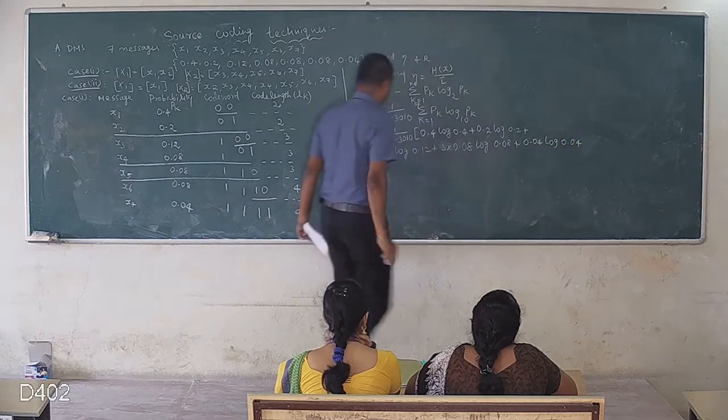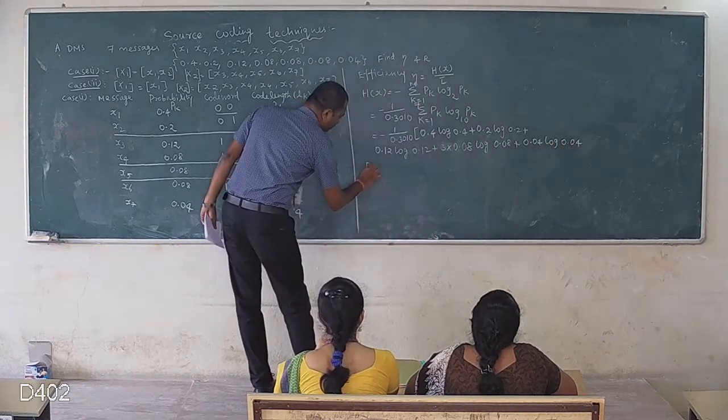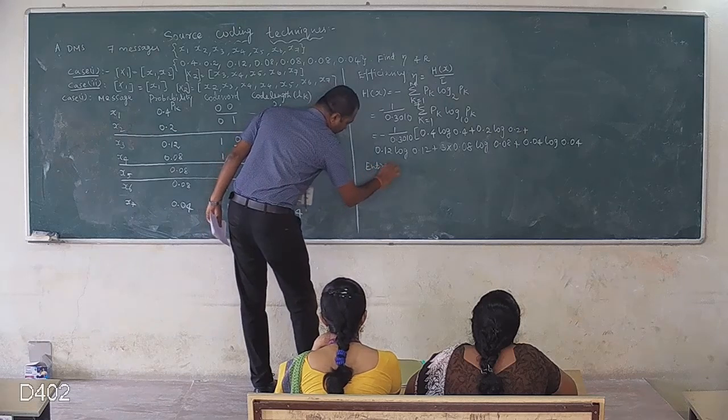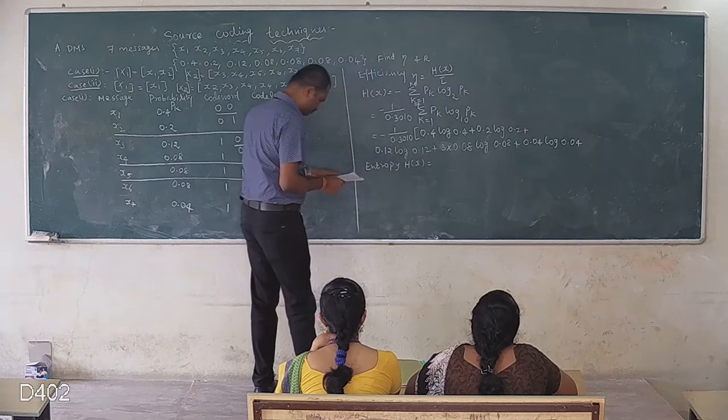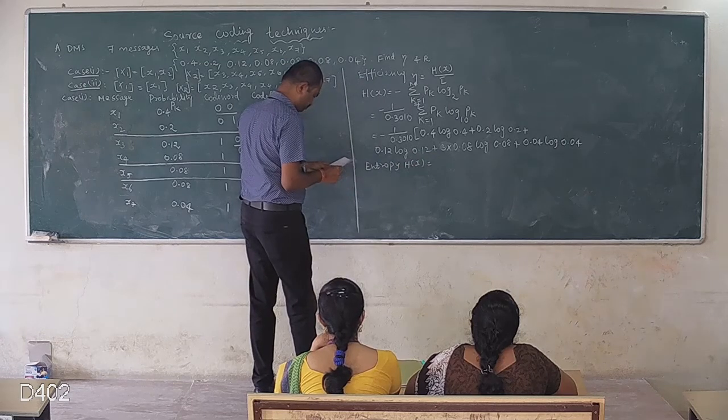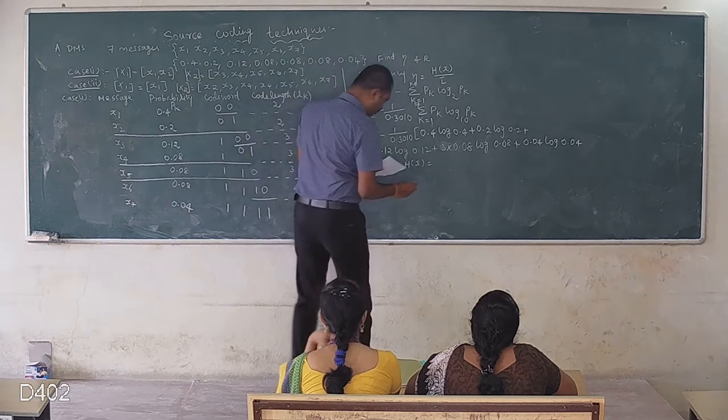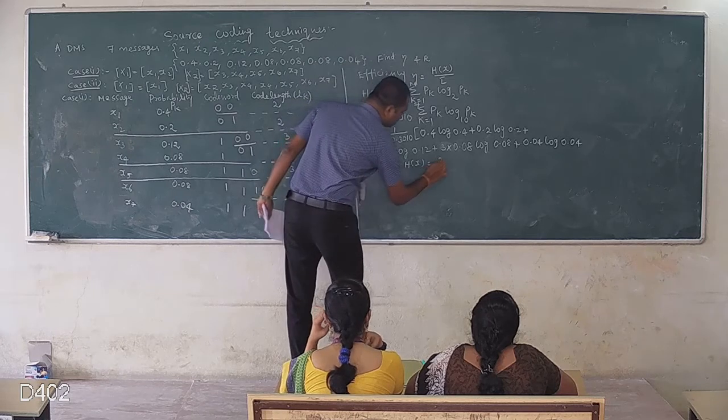If you do so, you will get entropy H of x is equal to 2.42 bits per message.